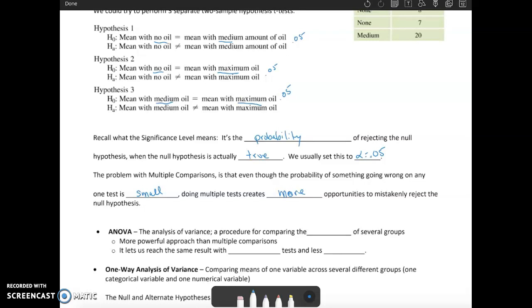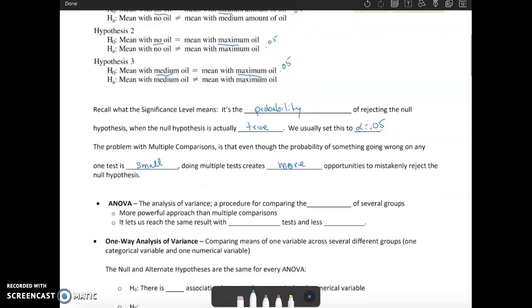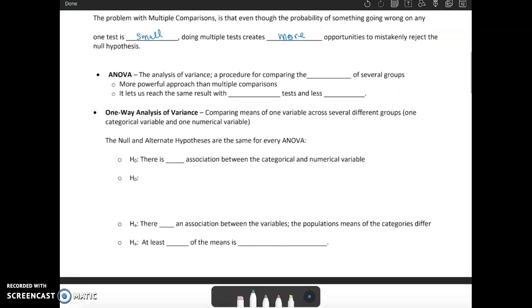Hence the ANOVA test. It's a very strange acronym. It comes from the analysis of variance, that's where the name comes from. It is a procedure for comparing the means of several groups all at once.